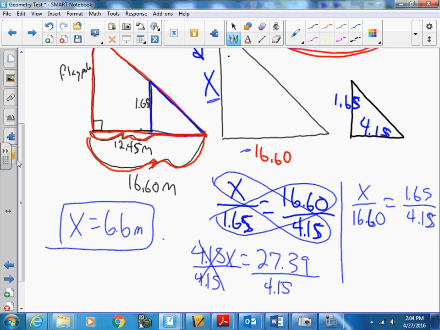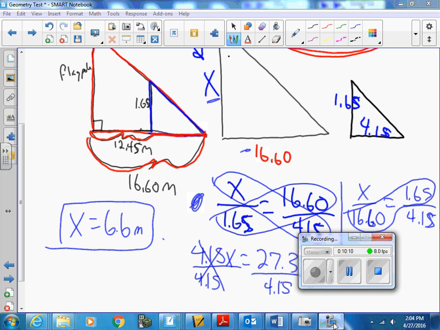Now, if you notice, you're still going to end up multiplying the same things, your 16.6 and your 1.65, just like you did for this one. And your answer would still be 6.6 meters. All right? So check that out. If you see any mistakes, let me know.